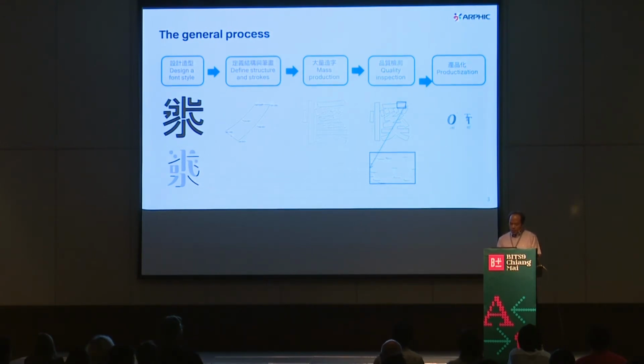This step is always carried out with mass production of characters back and forth many times. Step 5, productization, transforming the Chinese, Latin and symbol characters into OpenType font files and testing them on Windows and Mac OS.